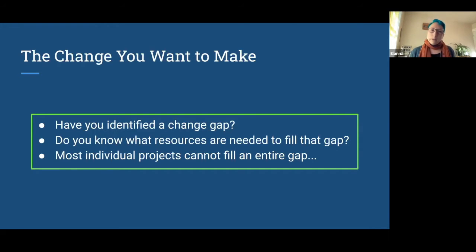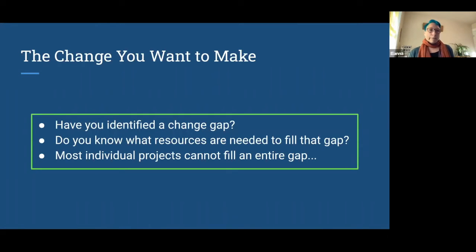Do you know what resources are needed to fill the gap? Have you gotten together with your group or your organization to think about brainstorming sessions? What can you bring together with the resources you have access to? And what resources do you need that you don't have access to in order to fill that gap? Most individual projects cannot fill an entire gap.